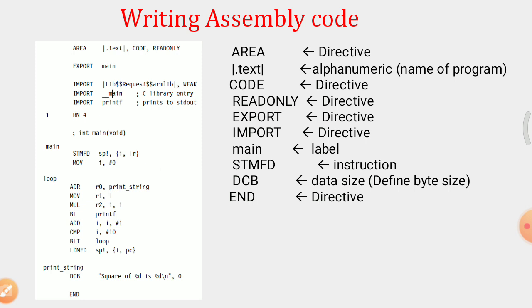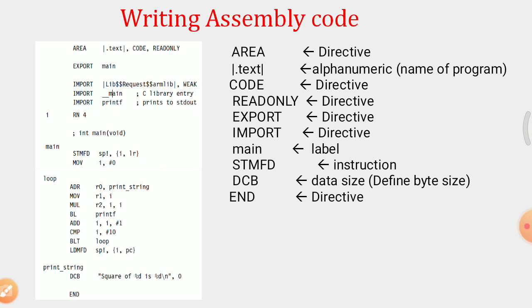Next we have the EXPORT term. This is also a directive. It makes a label, and we have written the label main in front of EXPORT. So main is a label here. This directive makes the label available for external linking.